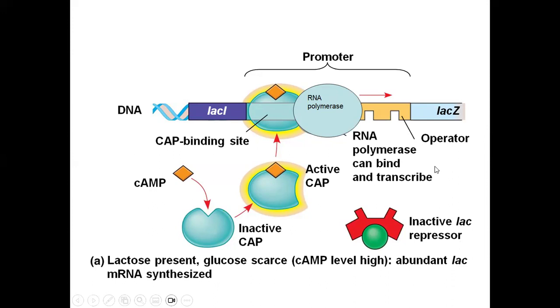Thus, in the presence of low glucose concentration, because of high cyclic AMP activity and hence the presence of active CAP CRP, the active CAP cyclic AMP complex binds at sequences upstream of the promoters, recruiting RNA polymerase near the promoters at a high rate, increasing the rate of transcription manifold.